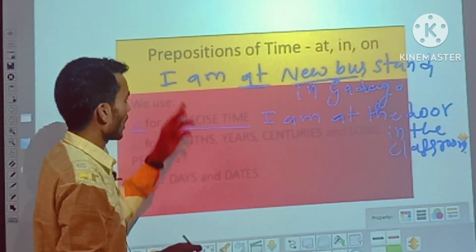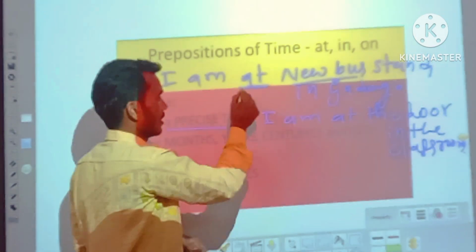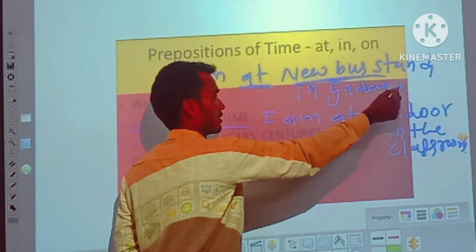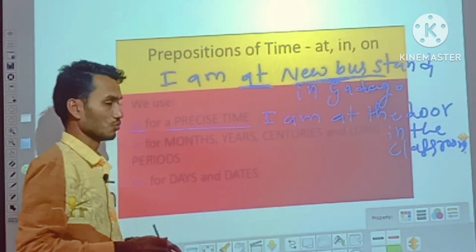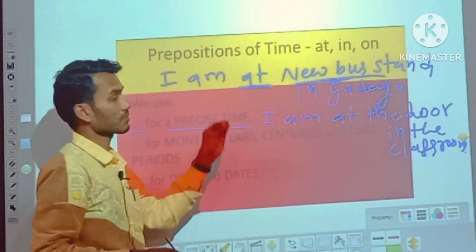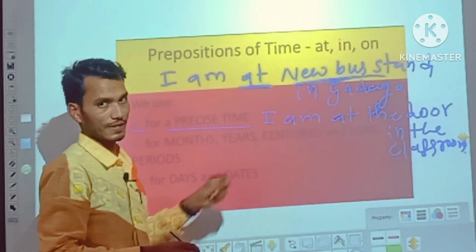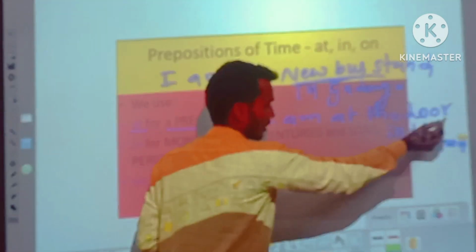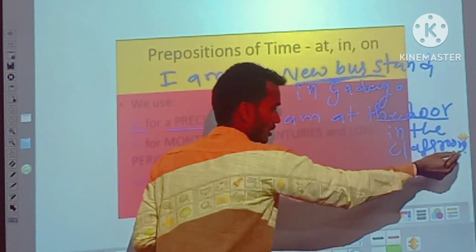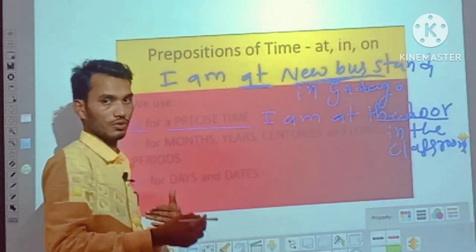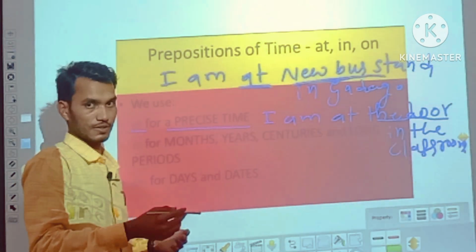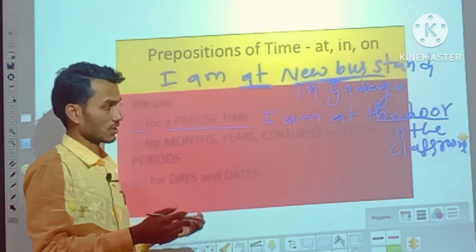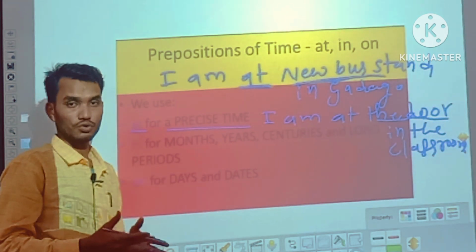So for example, I am at the new bus stand in Gadag. Here, at is used to tell a specific place, that is the new bus stand, right? Then, I am at the door in the classroom. At the door, a specific place in the classroom, where I'm standing, at the door, right?